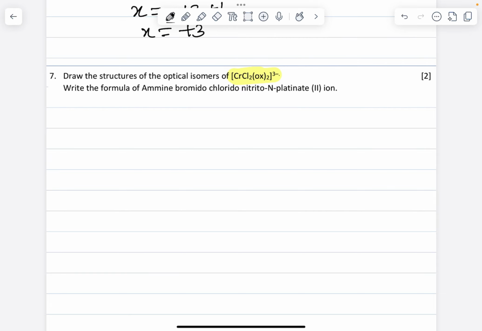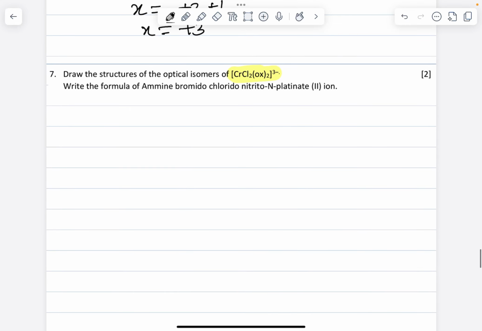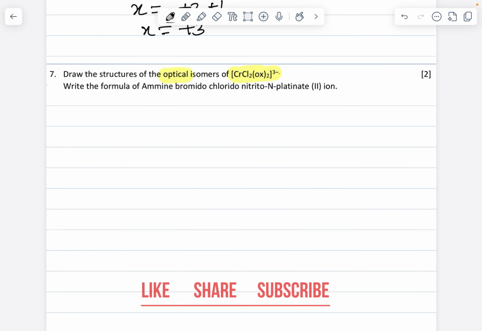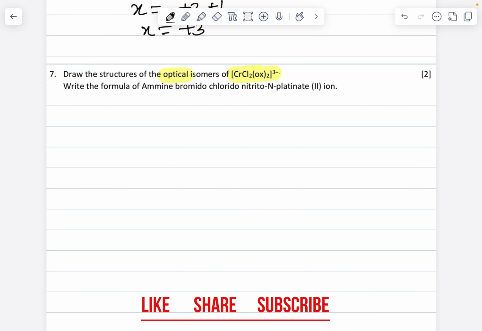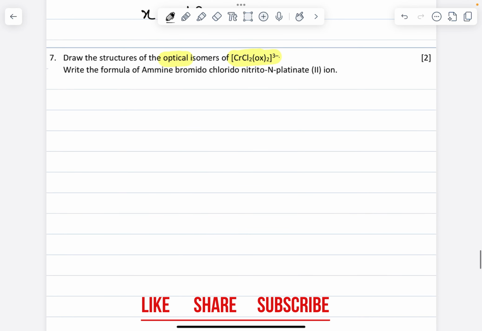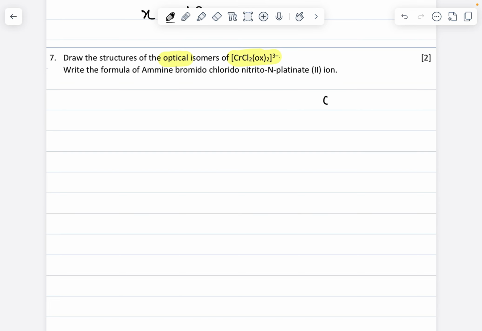See, there are two isomers for this. What is asked is the optical isomer, right? So I'll first draw both the isomers, and I'll tell you which one you should draw for the exam when such a question is asked. So I'll write chromium. Now what is ox? Ox is oxalate, or oxalato is the ligand.